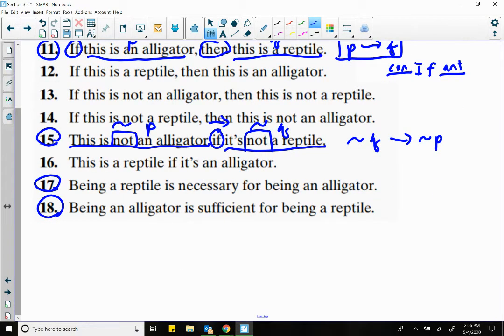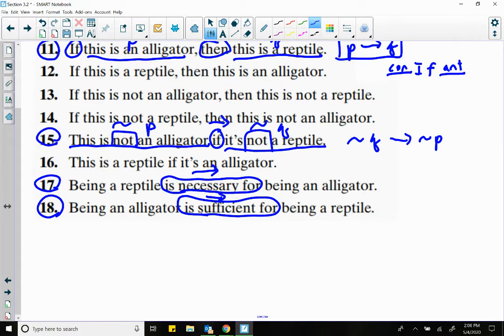Be careful of these because this right here is necessary for, is sufficient for. That means that these are conditionals. This is another way to write if then. Notice there's no if or then in here. But if I see is necessary for, is sufficient for, I know that these are arrows.